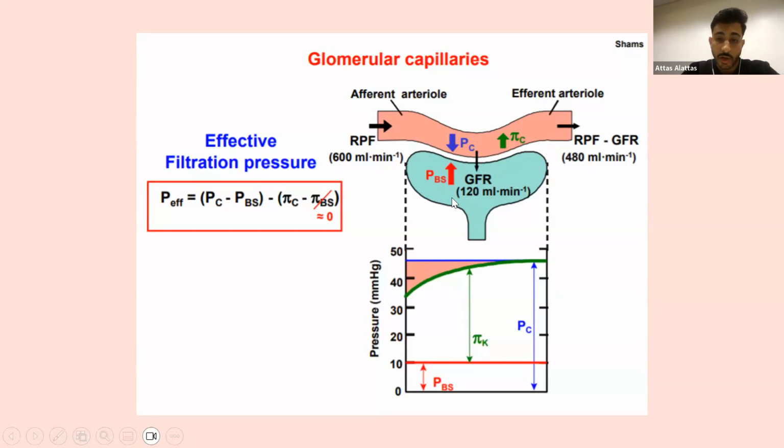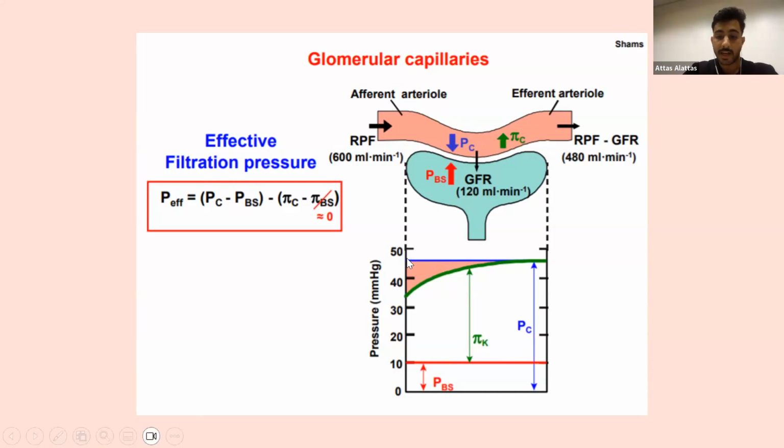Okay, so in the glomerular capillaries, the hydrostatic pressure of the capillary is constant. And why is that? Because in the glomerular capillaries, the resistance there is less. The reason it is less is because the arterioles and the capillaries itself have a wide radius. Because there's a wide radius, you have less resistance.